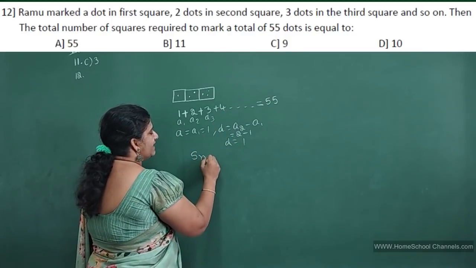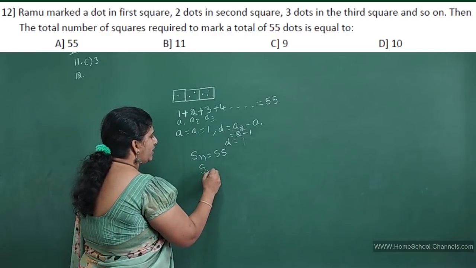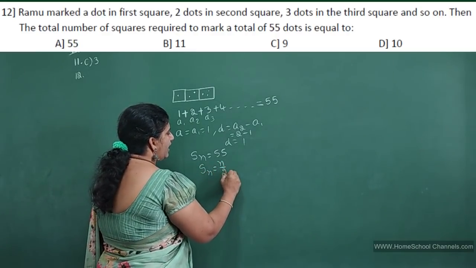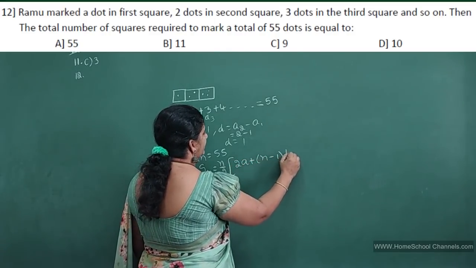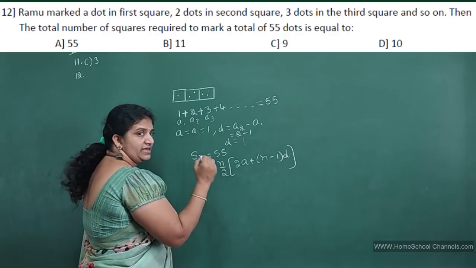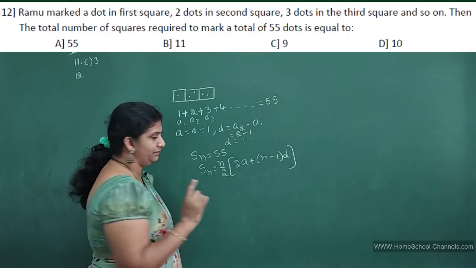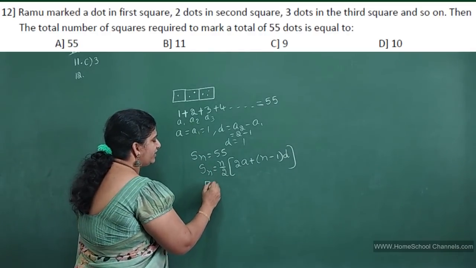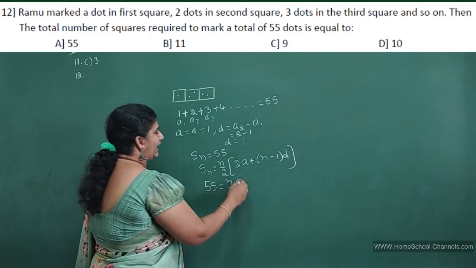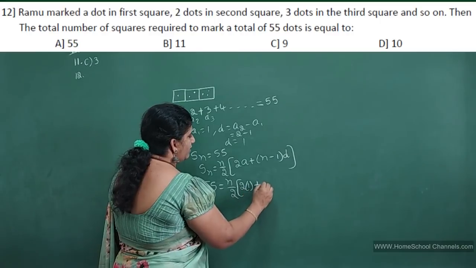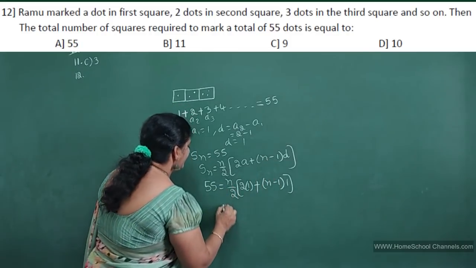We know Sn is equal to 55. Write the Sn formula. Sn is equal to n by 2 into (2a plus (n minus 1) into d). Formula plays a major role in mathematics. You should remember all formulae carefully. The Sn value is 55. We don't know n. n by 2 into 2a, the a value is 1, 2 into 1, plus (n minus 1) into d, the d value is also 1.